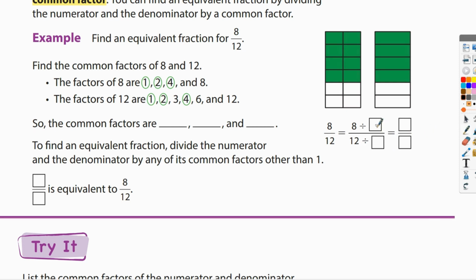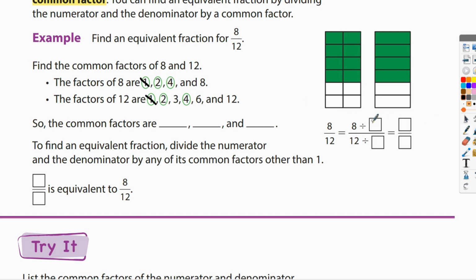So, just like we had here, I had to figure out what number I would have to divide the 8 by. Now, remember, we said the numbers that repeated were 1, 2, and 4. Well, I can't divide it by 1. So what I'm going to do is divide it by its greatest common factor. Which is the greatest number, the 2 or the 4? It's the 4.